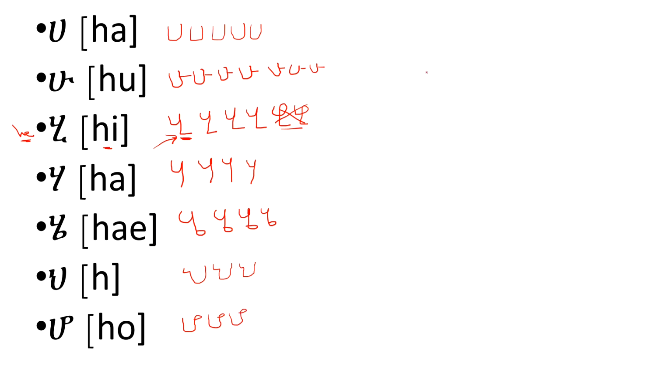Alright, now let's give examples for each letter. The first one, the example that we give is country in Amharic. Country in Amharic is Hagar. It means country.